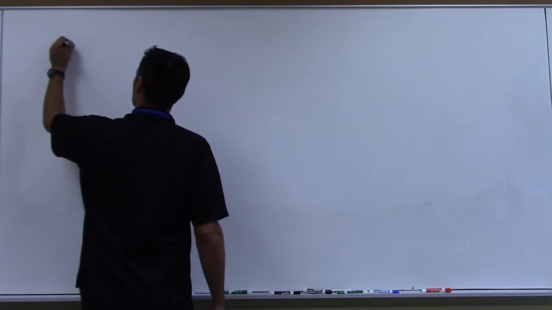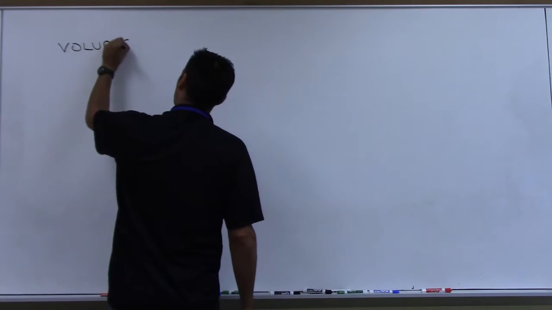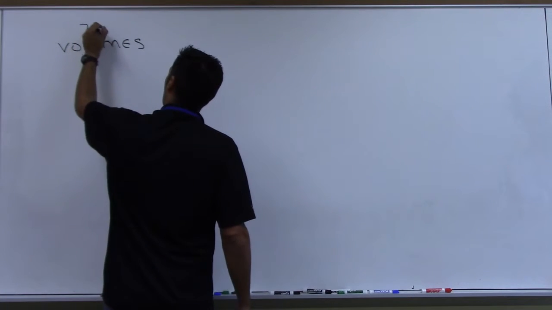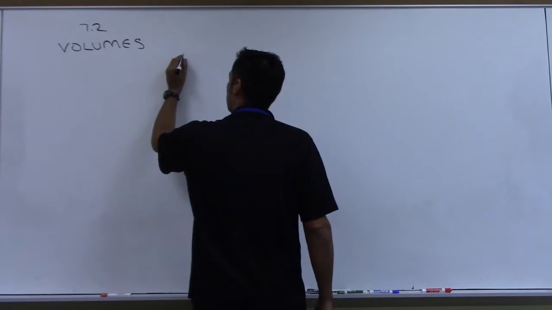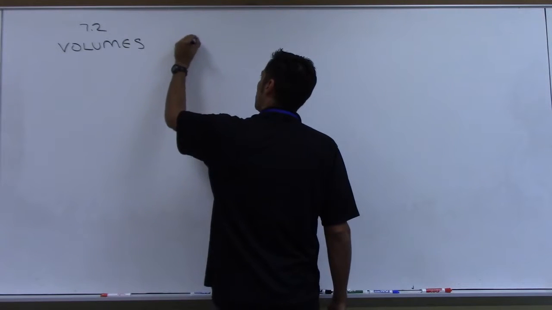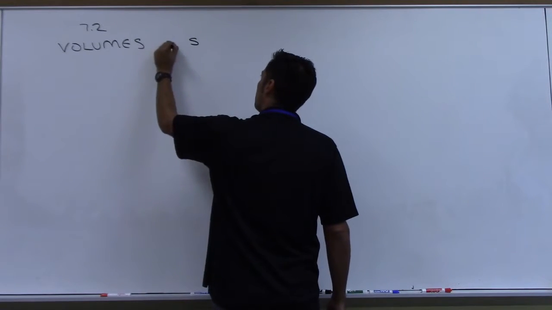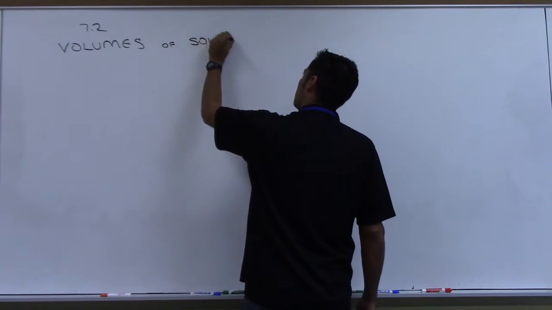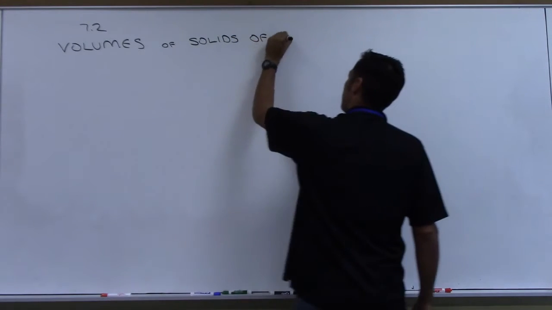All right, so what we're going to talk about now are volumes. That's the title of the section. And this is commonly referred to in Calculus 2 as volumes of solids of revolution.